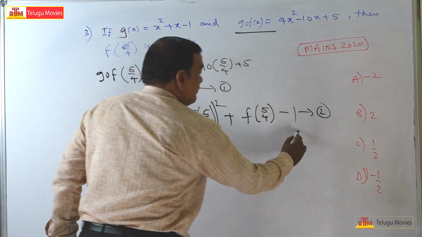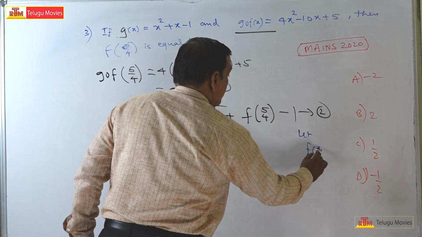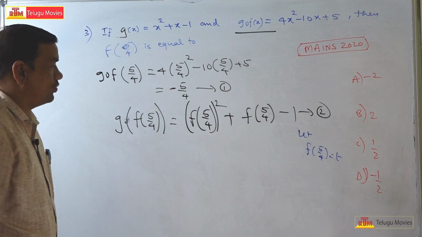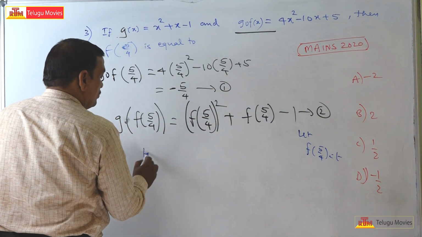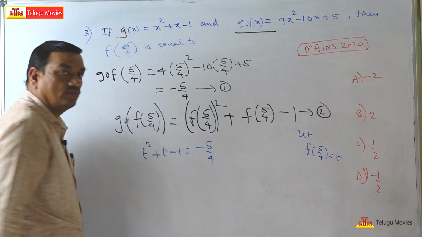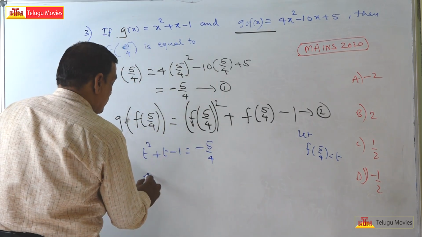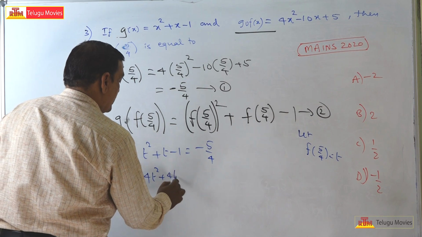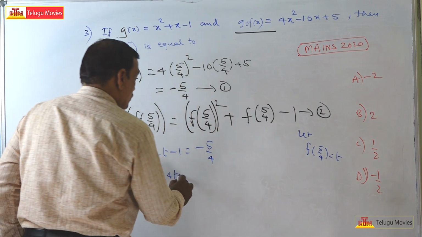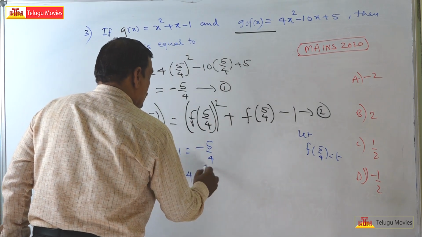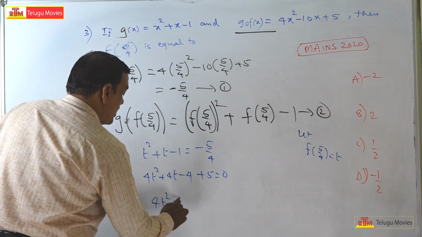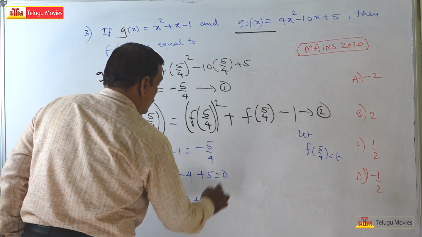For convenience, let us take f of pi by 4 is equal to t. Therefore t square plus t minus 1 is equal to 5 by 4. Now take cross multiplication: 4t square plus 4t minus 4 is equal to 5, so minus 5 moves over, giving 4t square plus 4t plus 1 is equal to 0.